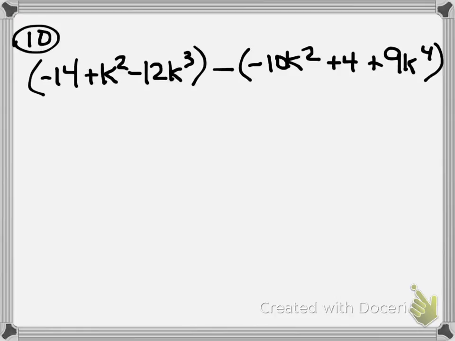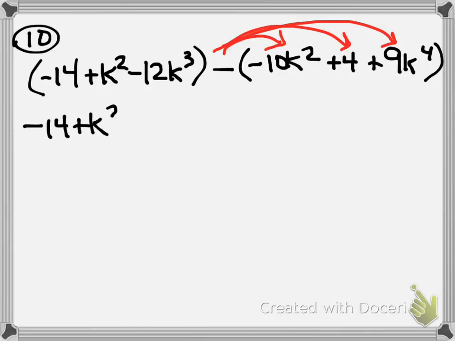So it's really kind of like a distributive. It's hard to see that it's a distributive because we're not multiplying, we're actually subtracting. So I'm going to draw some lines as I do this. So I'm going to rewrite the first piece because we're not doing anything with that.